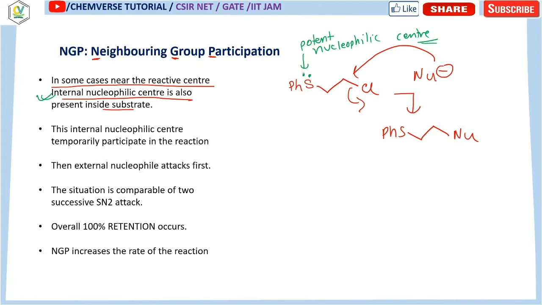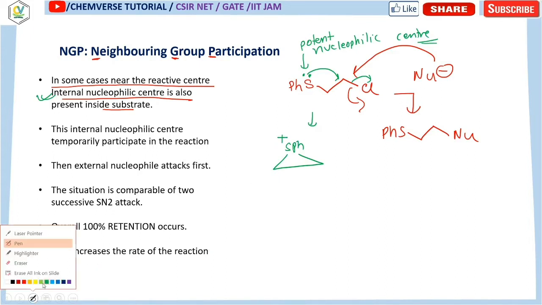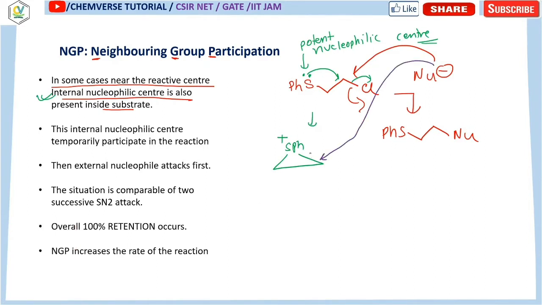And what we can see is that this nucleophile will attack over here, so it will remove this Cl-. As a result of that, in the first step we will get a cyclic structure like this. Now in the second step, the nucleophile will attack in this position to give the same product.